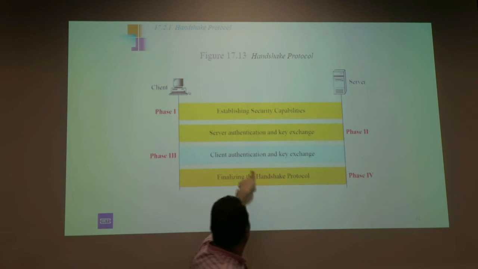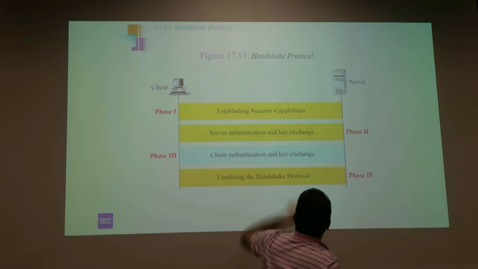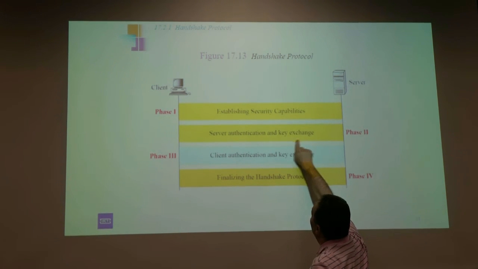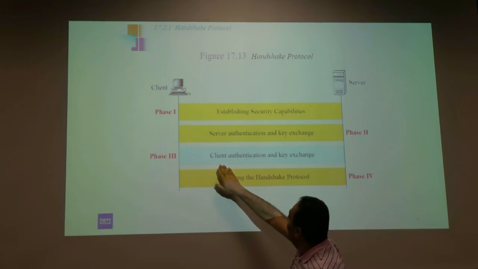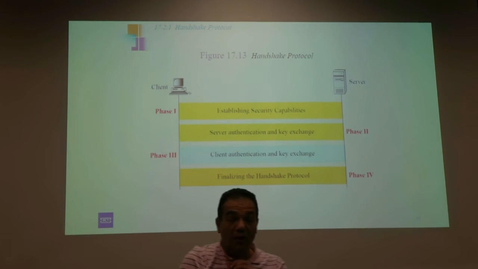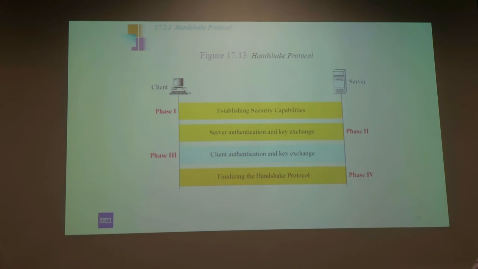Phase 2, server authentication and key exchange. So you have to authenticate the server and do the key exchange. Then phase 3, client authentication. Remember we spoke about this so many times in this class. Many of us think that only the server has to authenticate the client.